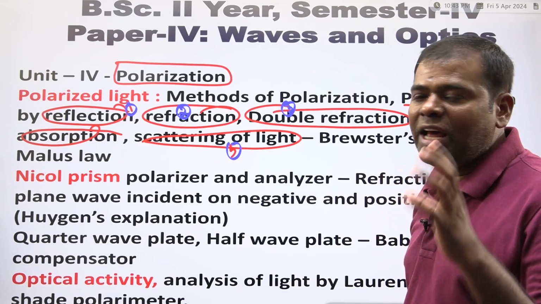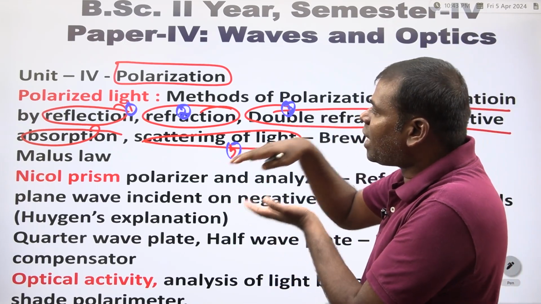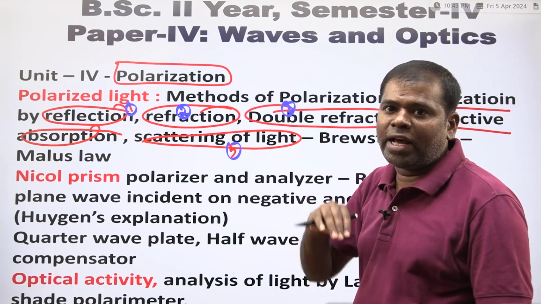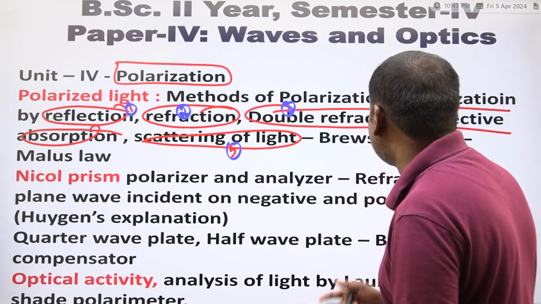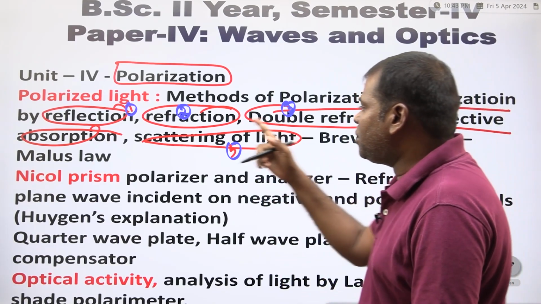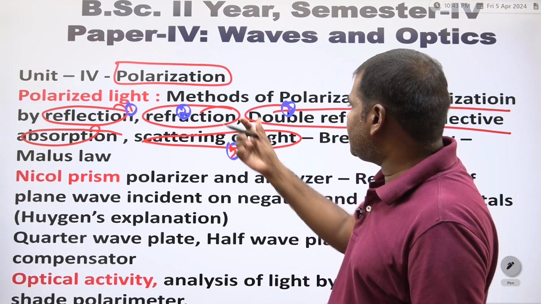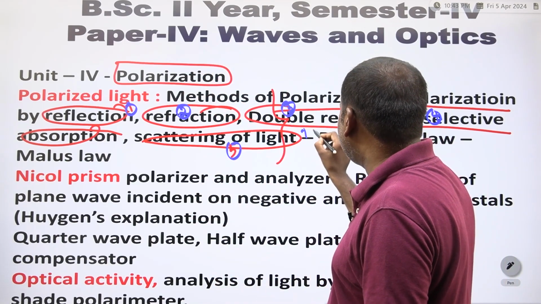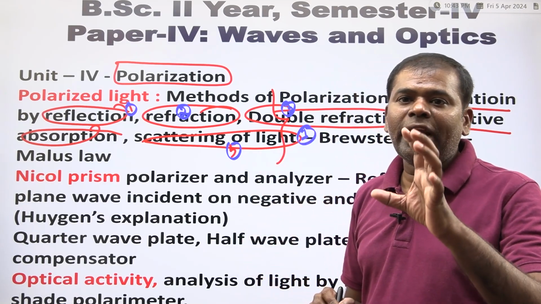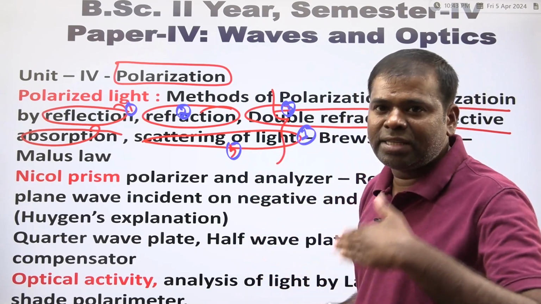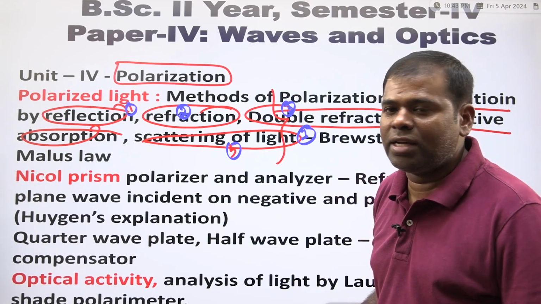Through 5 phenomena, we can make unpolarized light into polarized light. These are very, very important. Next, Brewster's law and Malus law also come under these phenomena only. This is the first part. There are 5 polarization methods to make the unpolarized light into polarized light.